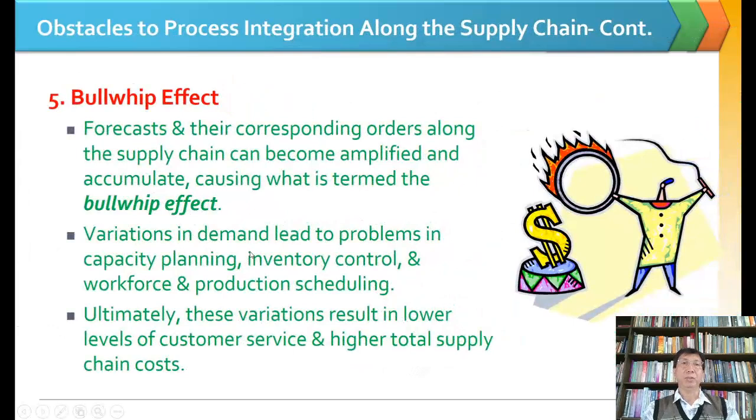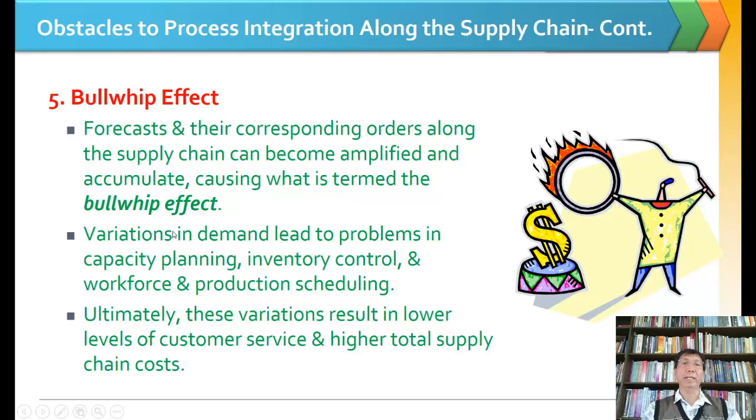The fifth is the bullwhip effect. It will be discussed in more detail in the next topic, but the bullwhip effect is that forecasts and their corresponding orders along the supply chain can become amplified and accumulated, causing what is termed the bullwhip effect.